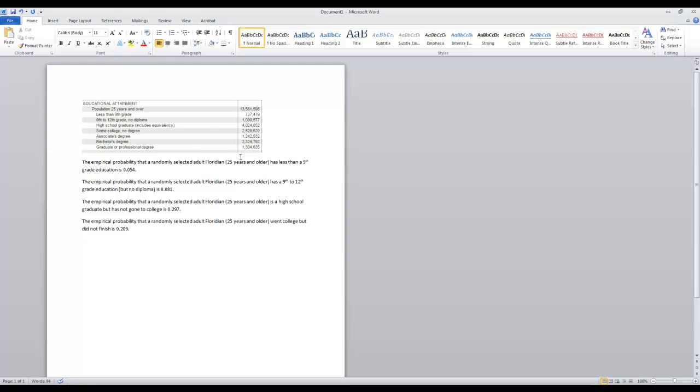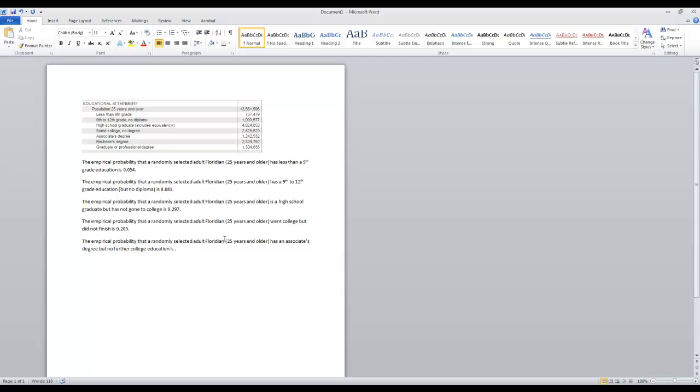Okay. And let's see, associate's degree. The empirical probability that a randomly selected Floridian, 25 years and older, has an associate's degree, but no further college education, is, okay, what's that probability?